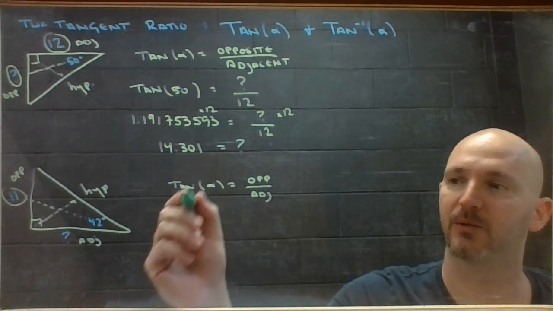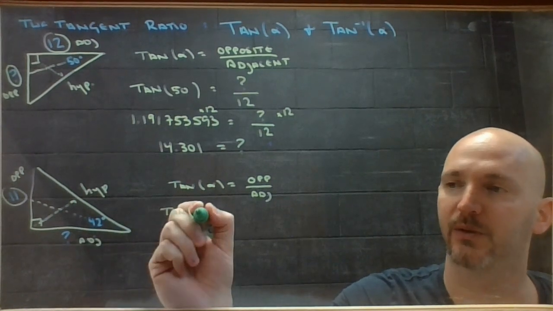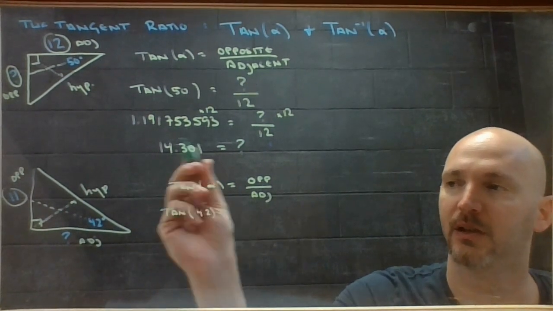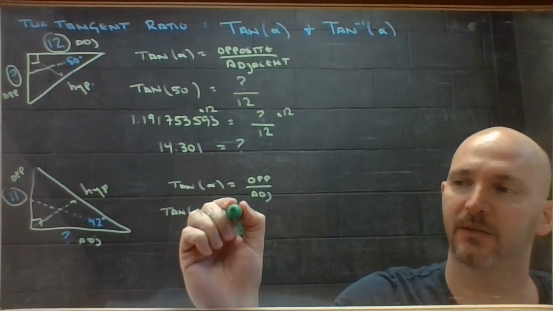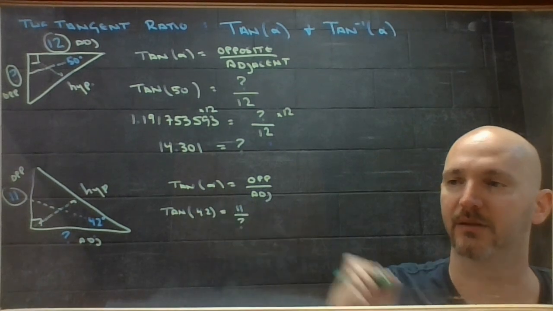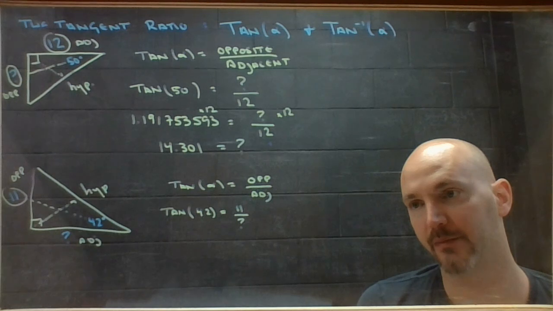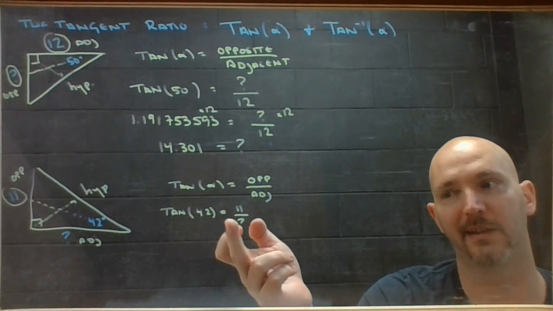Okay, so start filling it in. Tan of 42 degrees must be the length of the opposite, which is 11, over this unknown side. Okay, that's a little awkward.